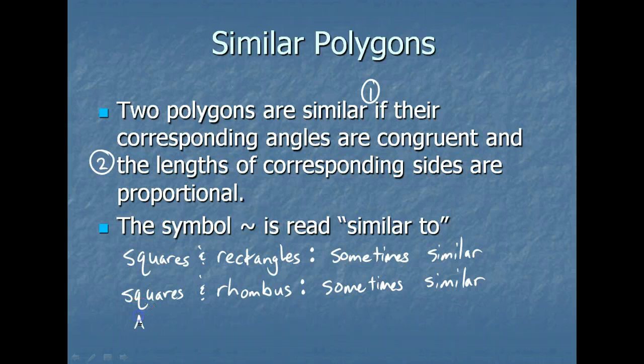If we look at all squares, well, squares always have 90-degree angles, so our corresponding angles are always going to be congruent. And our corresponding sides are going to be proportional. So all squares are always similar.